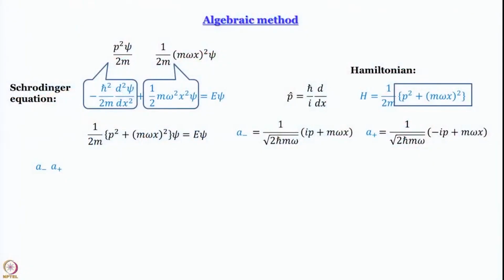I will request you after the module to evaluate a plus a minus yourself because we will use a plus a minus as well. So, this is what we want to do now.